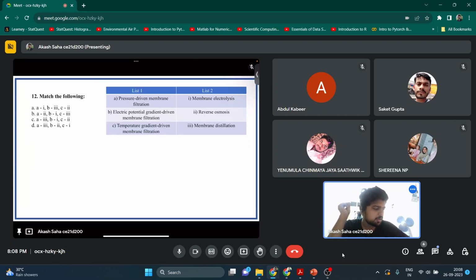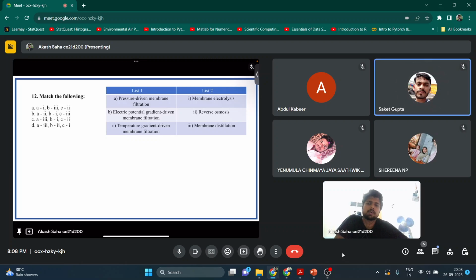Next question. Match the following. We have pressure driven membranes, electrical potential gradient driven membrane filtration, and temperature gradient driven membrane filtration. We have to match each of them. Very simple.